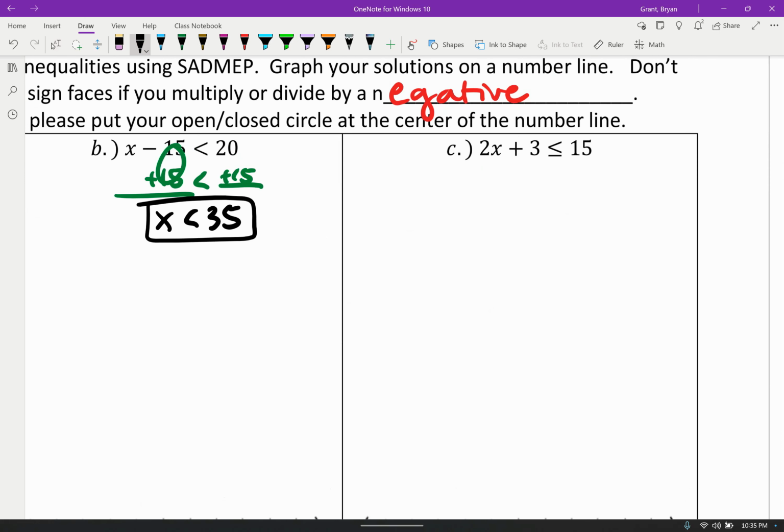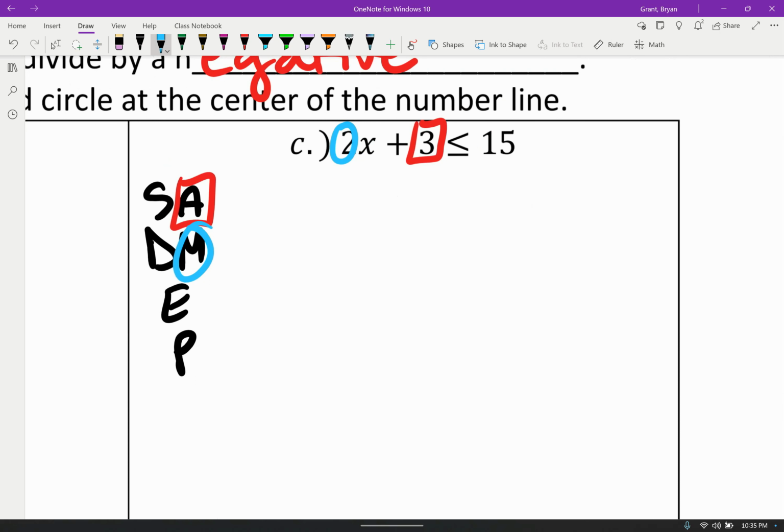Ooh, our third problem, though, throws a wrench in our plans because now there are 2 numbers attached to x. There's a 3, which is adding, and of course a 2, which is multiplying. Luckily, we know SADMAP, though, and it tells us to undo addition first.